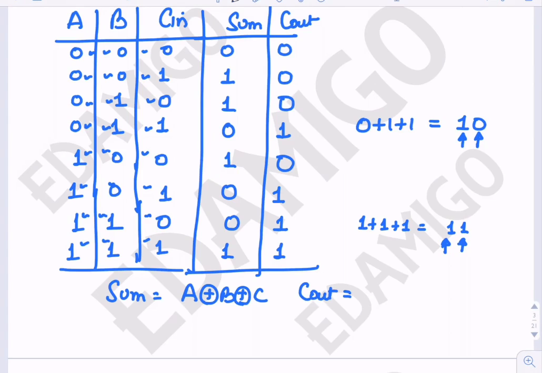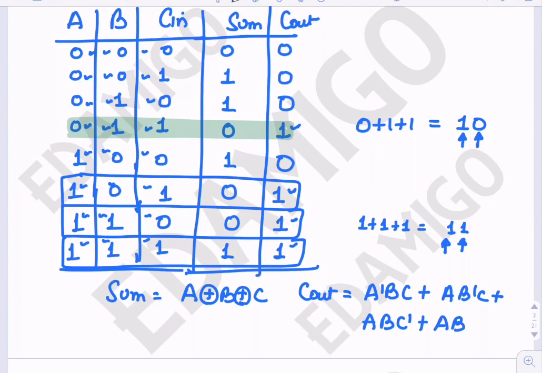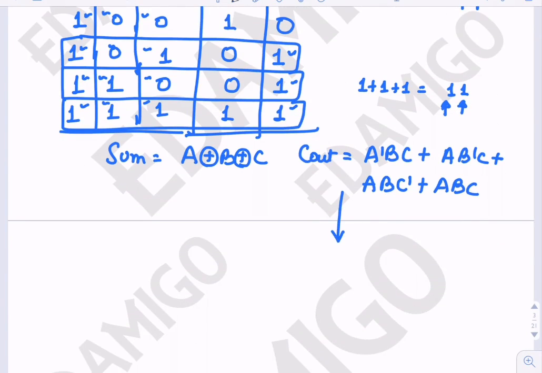and the carry bit is equal to, from these 4 terms, A bar B C plus A B bar C plus A B C bar plus A B C. Now we can see that if we take AB as common, we get C out equal to AB plus, taking C as common, C (A XOR B).